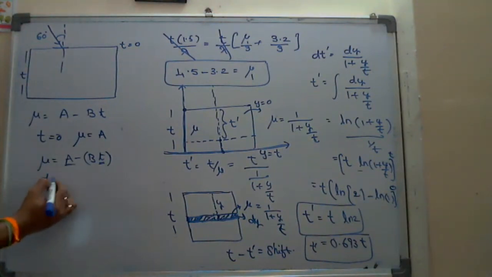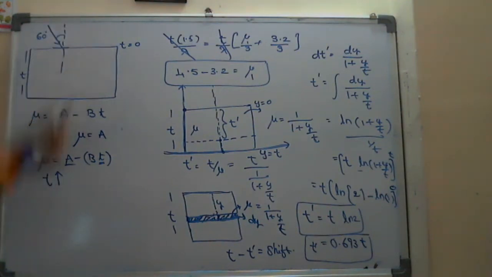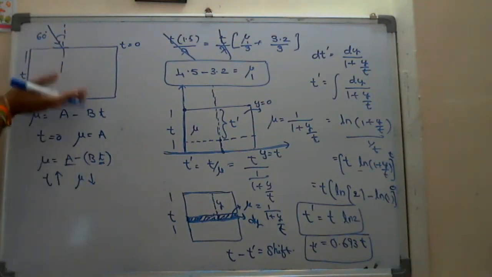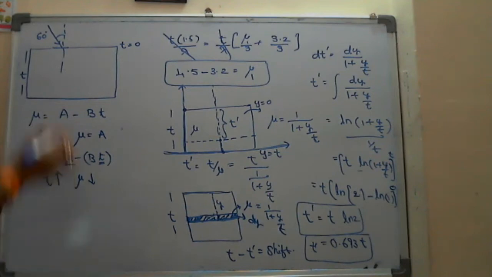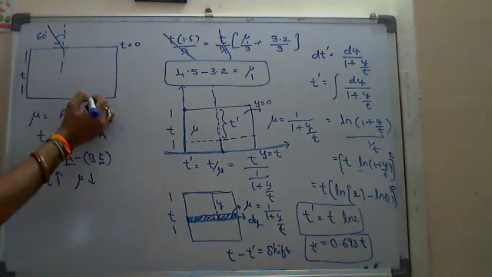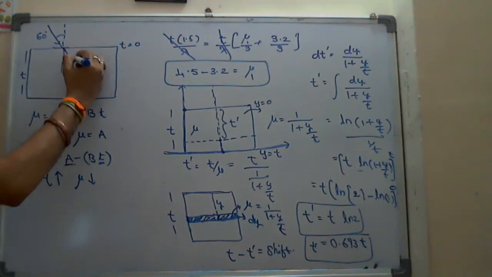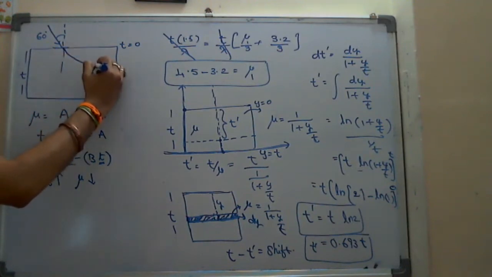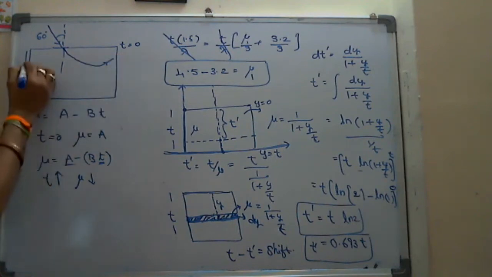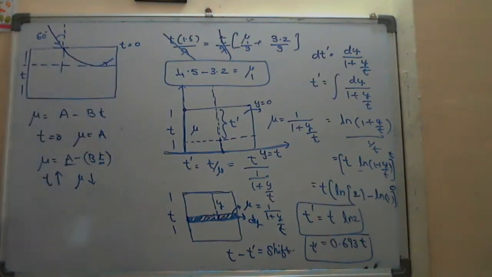So when you increase the depth t from the top, obviously mu decreases from this equation. Mu decreases just like what I said in the mirage model. The refractive index decreases while coming towards the bottom, meaning the light is entering from denser to rarer gradually. Denser to rarer means it bends away from the normal, and may get some total internal reflection somewhere here. So at a certain depth, it is getting total internal reflection.